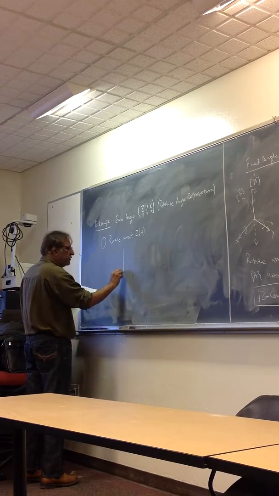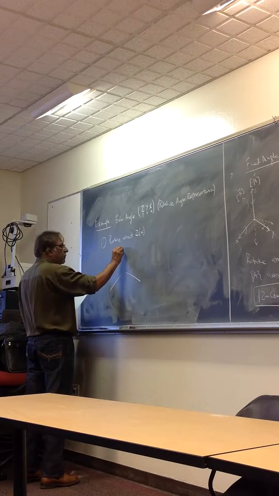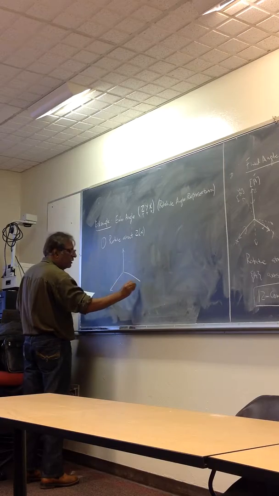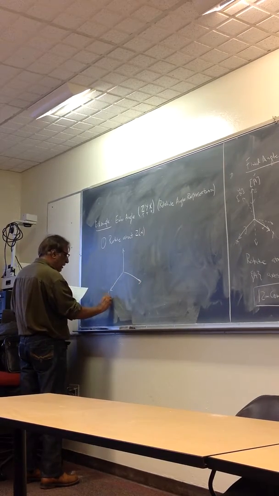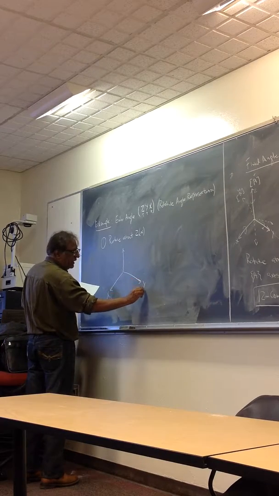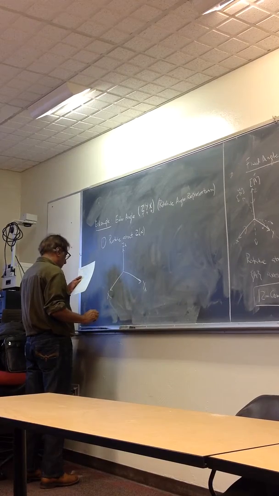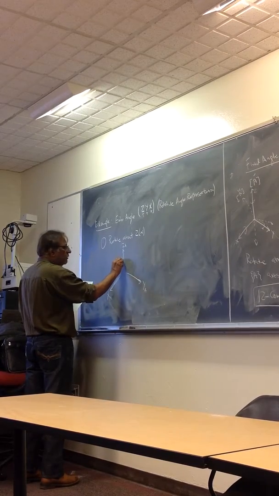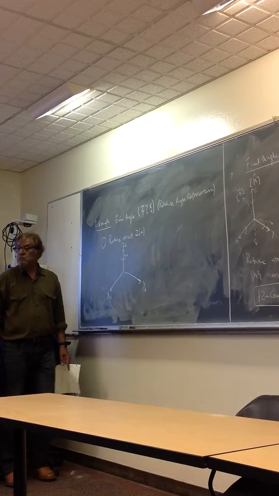So you have this frame here, and this is xa, ya, and za. And you rotate about z by amount alpha, right?